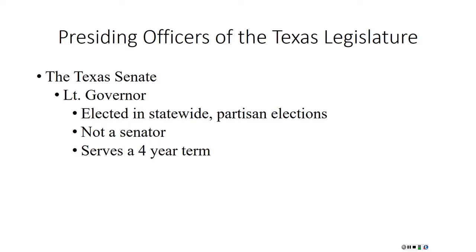And this is something that's in your book, and we'll talk about it also in the next lecture. But he gets to assign members to committee chairs or in committees that are important to their districts. He gets to recognize people for debate, if you're trying to discuss the pros or cons of a bill. If he doesn't recognize you, you can't say anything. This position is very, very powerful.